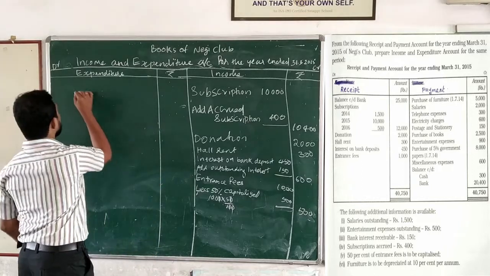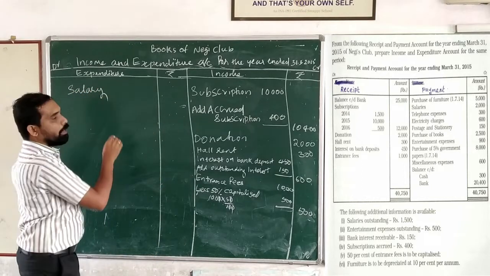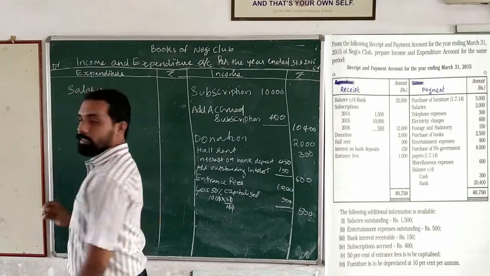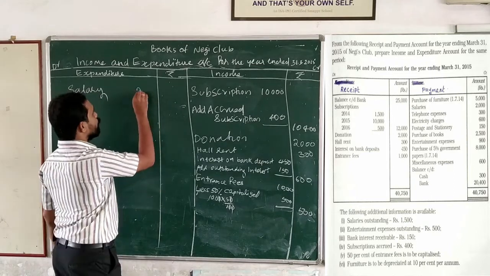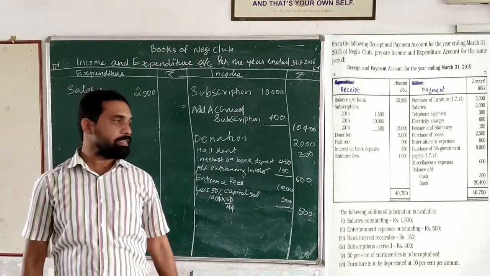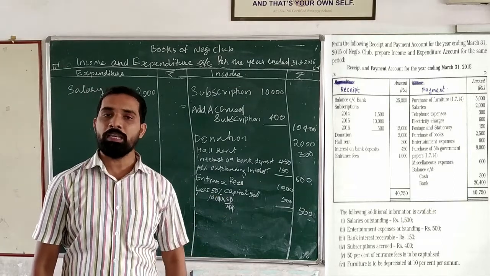Salary. How much rupees salary? 2000. And salary has one adjustment. What is it? Salary outstanding rupees 1500.